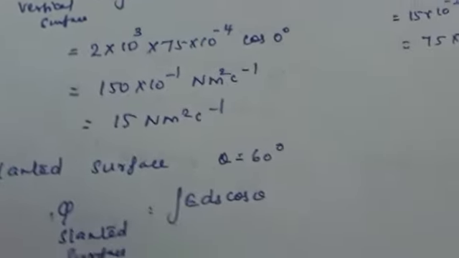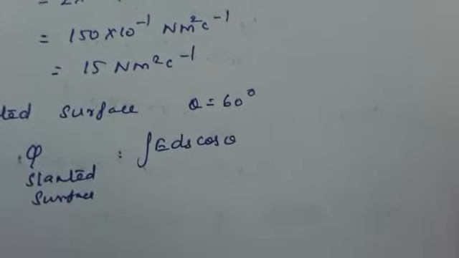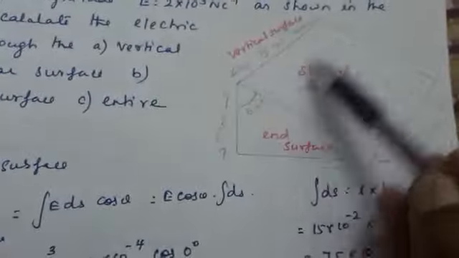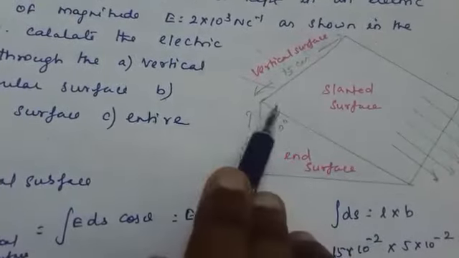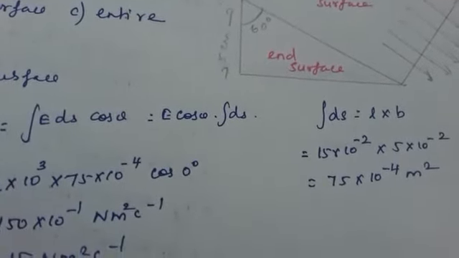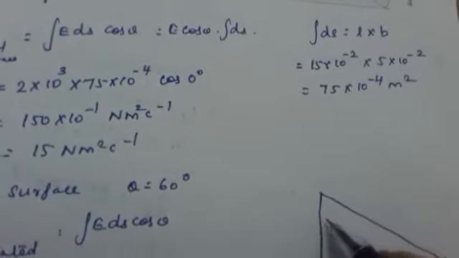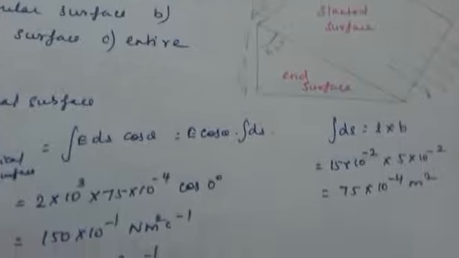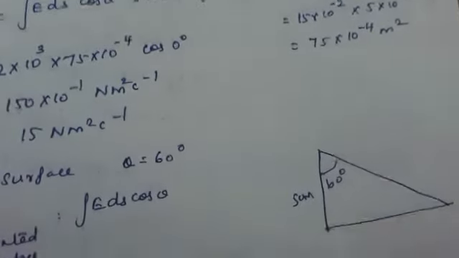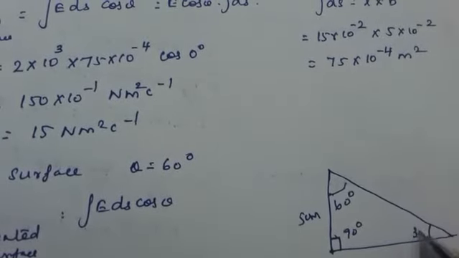For finding the area, we know only the length, we don't know the breadth, so we need to find this length. For that I am going to draw the triangle. This angle is 60 degree according to the diagram, this side is 5 centimeter, this is 90 degree, so this angle is equal to 30 degree.